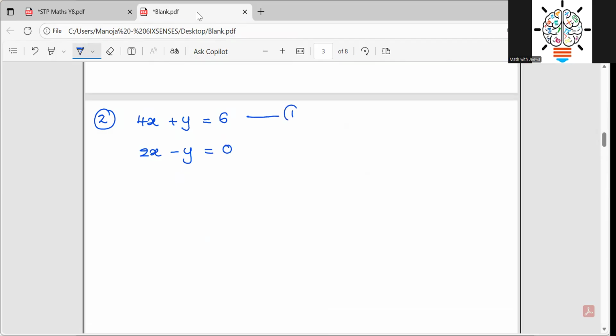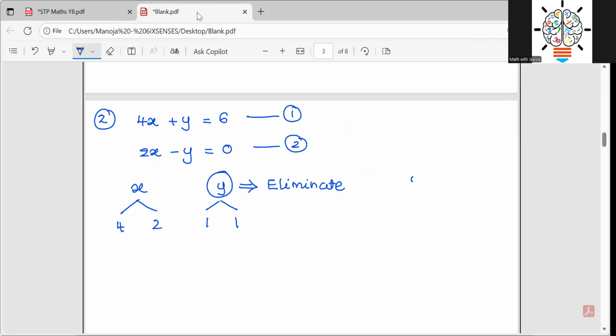First step I'm doing, number the equations. And then I write the coefficients of x, 4 and 2, and of y, 1 and 1. So that means we can eliminate y, because you have the same value. After deciding that, you write what the signs are, plus 1 and minus 1.